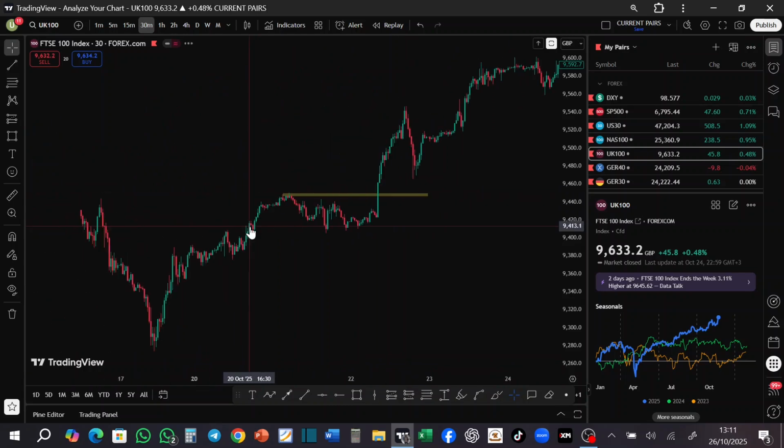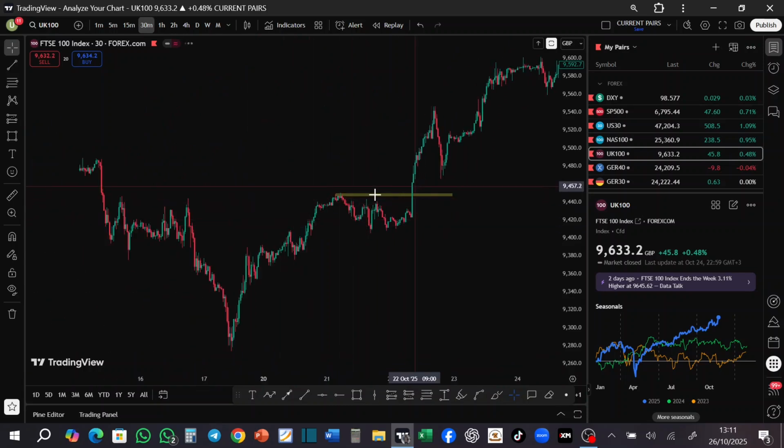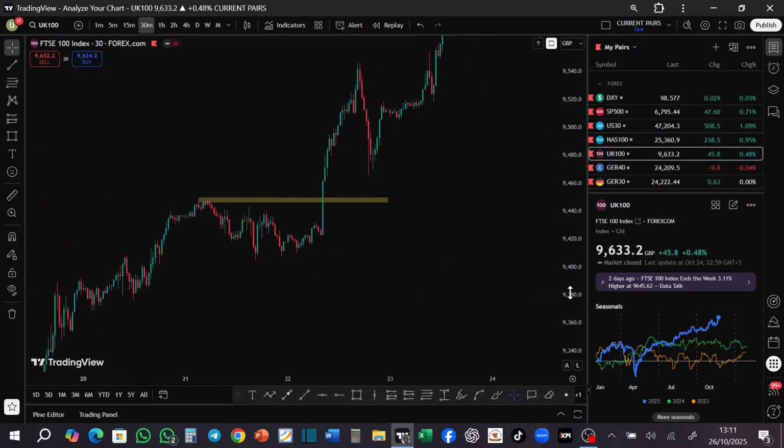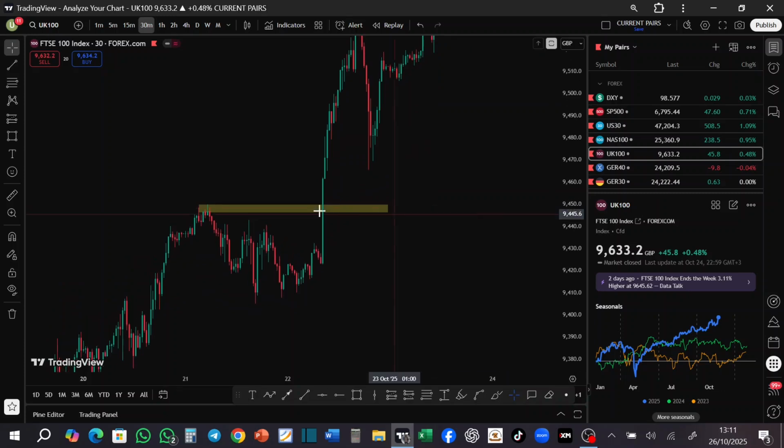So you see, this is the level here. You see that a candle has broken this level and has closed somewhere here. It is an opportunity for you to enter the market to say, oh, now there is buying pressure, like I've told you, there is buying pressure which has come in the market.